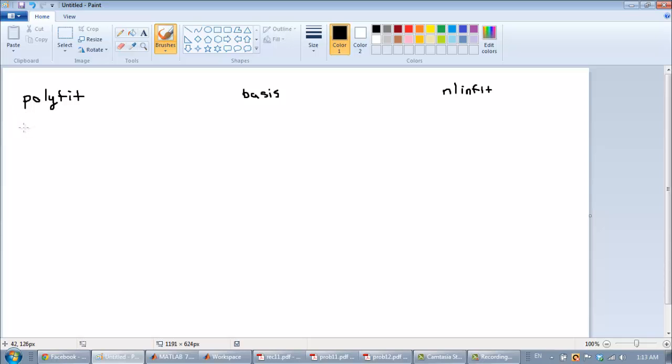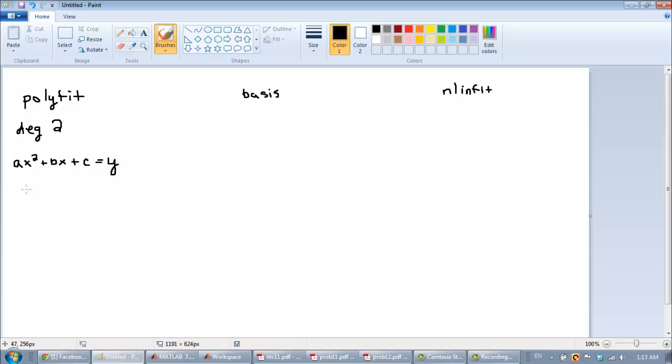So polyfit typically works if you're given a polynomial. Well, you pretty much need a polynomial. So say we had a degree 2 polynomial. Well, then you're looking at something in the form of ax squared plus bx plus c equals some y.